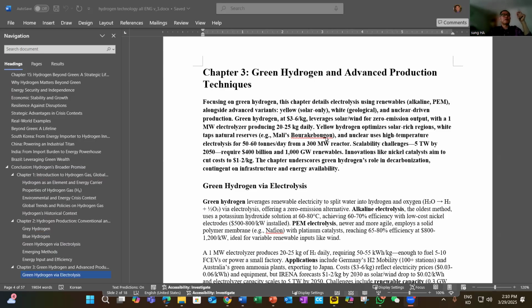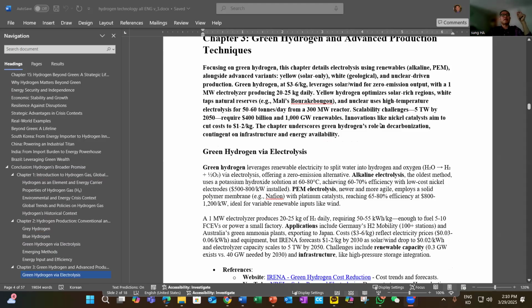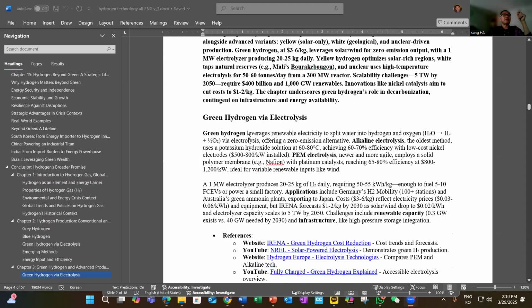Okay, so green hydrogen via electrolysis. There are two methods, alkaline and PEM.